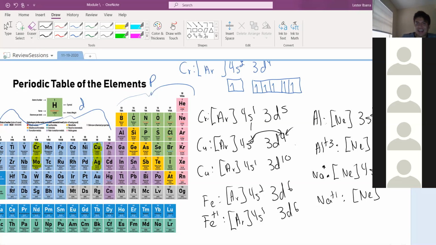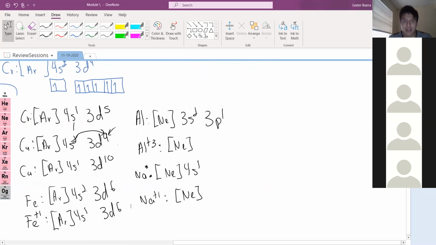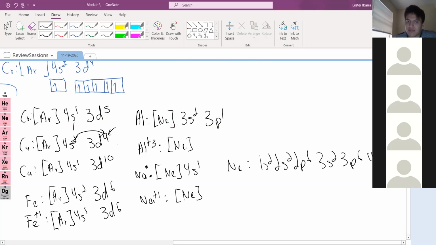Yes. I have a question. Sodium, wouldn't it be neon 3s1? No, because basically what happens, and I'll expand it for you real quick. This is a shorthand method, but if I do the long way, I have neon, 1s2, 2s2, 2p6, 3s2, 3p6. Oh, sorry, it should be sodium.